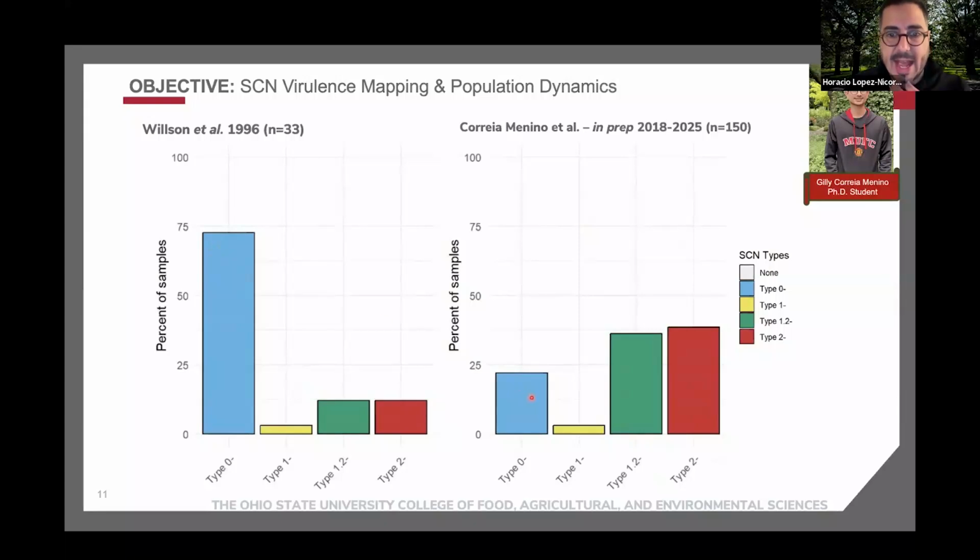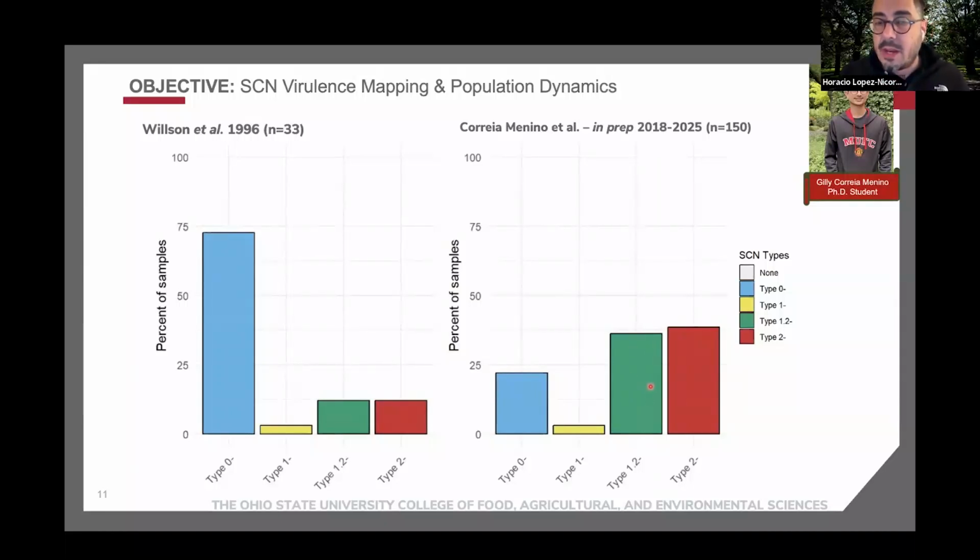That bar is going down where these bars are going up because of the recurrent use of the same source of resistance. And you can see that now the predominant population in Ohio is this type 2, which by definition can reproduce on PI 88-1088.